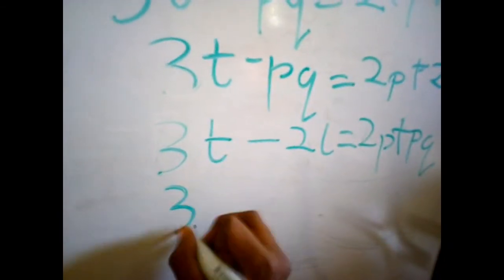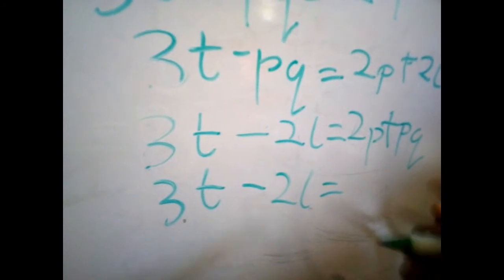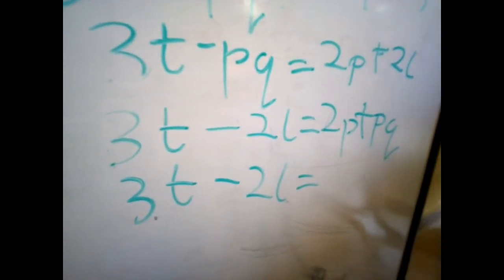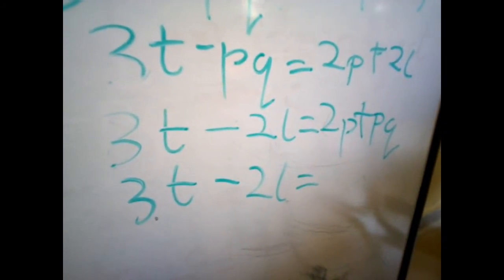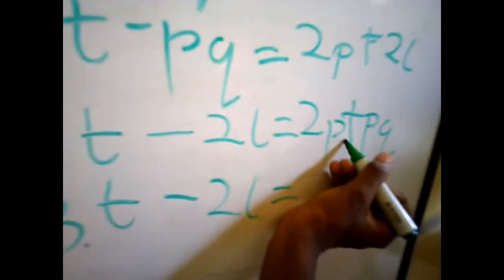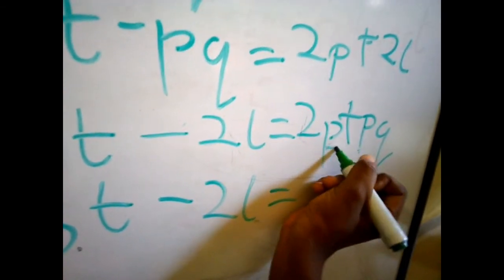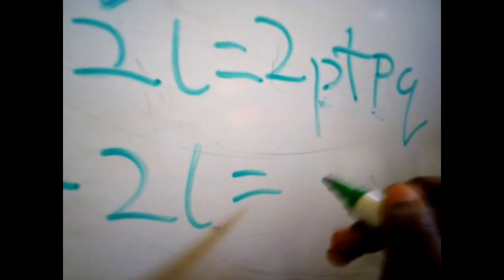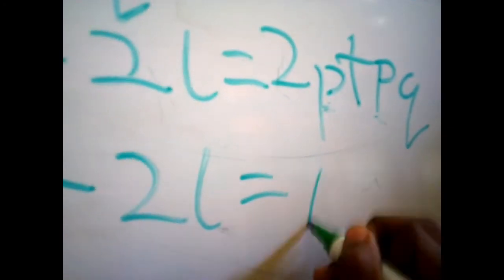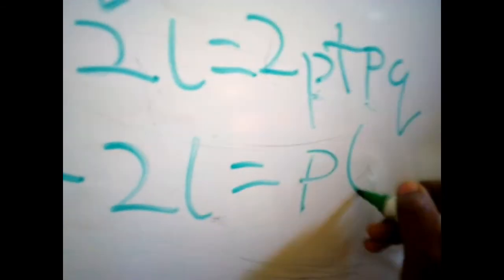So 3T minus 2L is equal to, now you have to find a way to make P stand alone. Let's look at how you're going to do it. You can see P here and P also here. So P will come out alone, then we introduce a bracket.